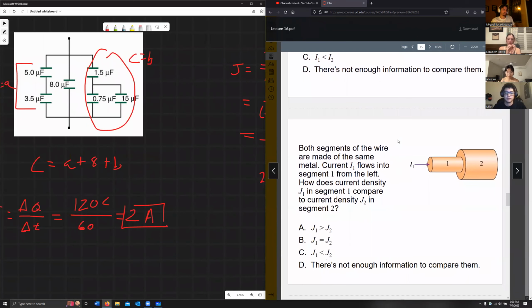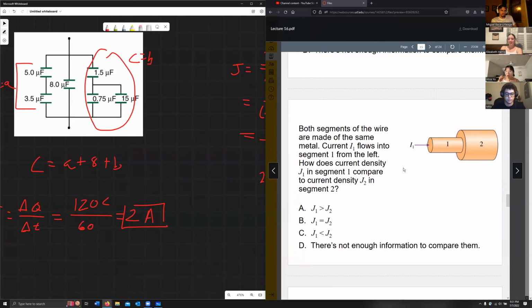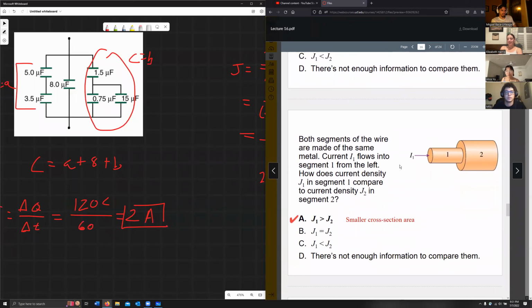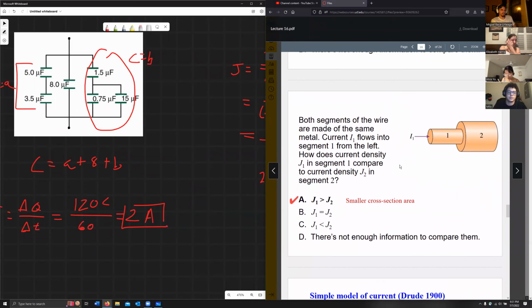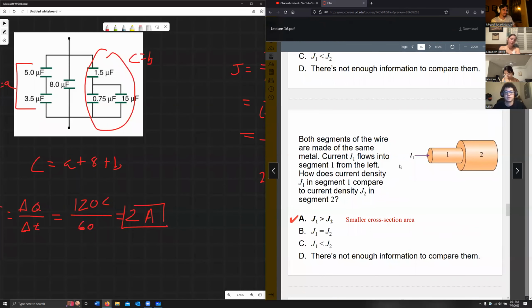Both segments of the wire are made of the same metal. Current I flows from segment 1 to the left. How does the current density J1 in segment 1 compare to the current density J2 in segment 2? I think J1 is greater than J2. I agree, 1 is greater than 2. There we go. Do we know by what order of magnitude it's greater?